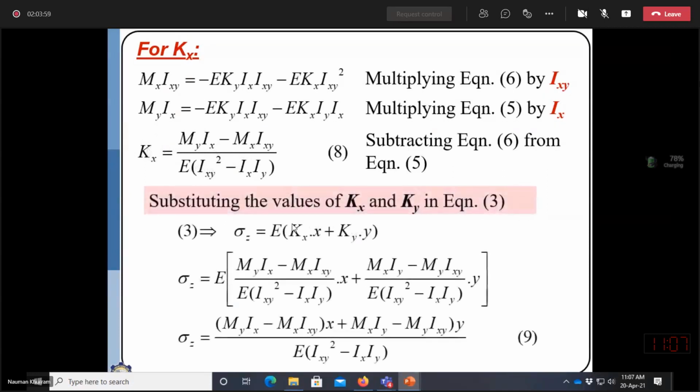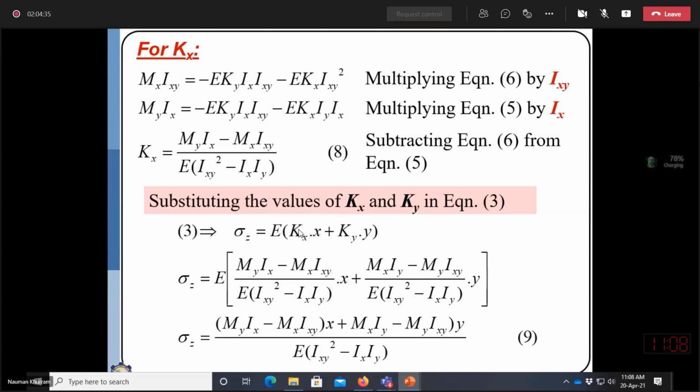Then you can substitute these curvature values kx and ky in this equation, and the stress at any point situated at a distance x from the y-axis and a distance y from the x-axis can be determined by this formula. So you can determine kx and ky separately by using these equations, or you can develop a general equation.